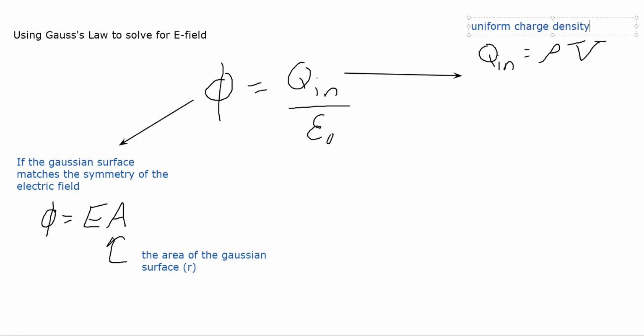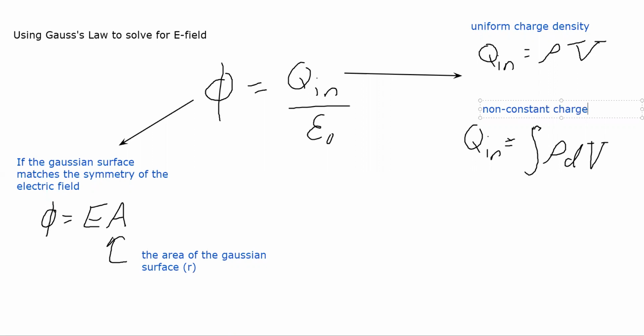All right, for non-uniform charge density, then we would do something like this: Q inside equals the integral of rho dV. Okay, so this is for non-constant charge density.